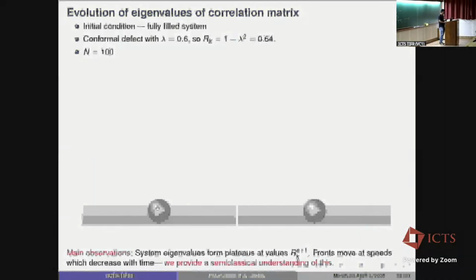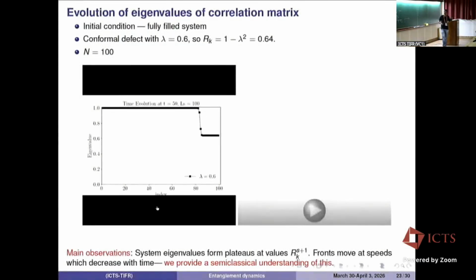These are the eigenvalues of the correlation matrix, let's say at zero temperature. Initially everything starts at 1, 1, 1 on the diagonal, because I have a fully filled Fermi sea.